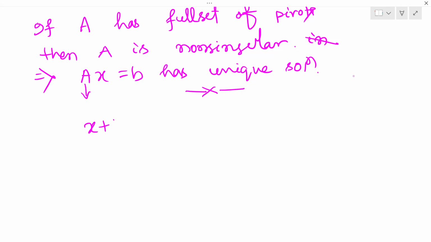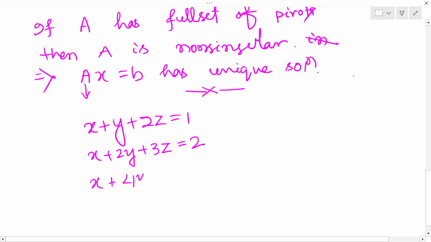The system is x plus y plus 2z is equal to 1, x plus 2y plus 3z is equal to 2, x plus 4y plus 2dz is equal to 1.